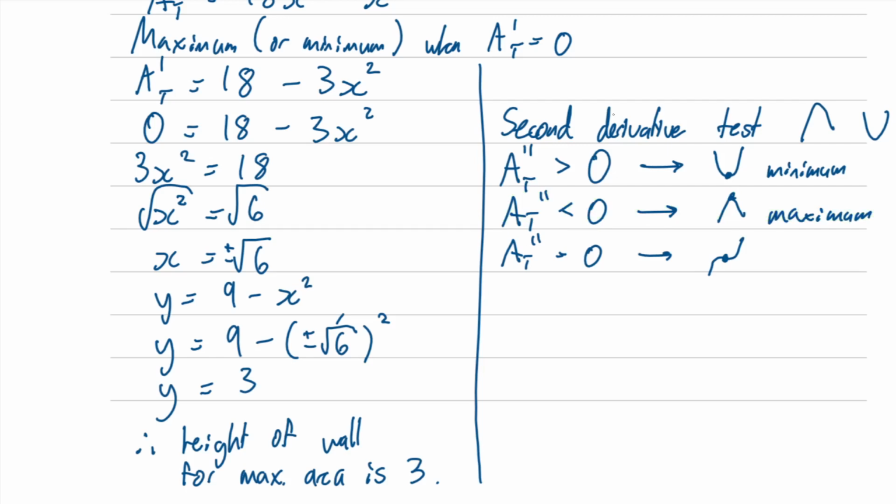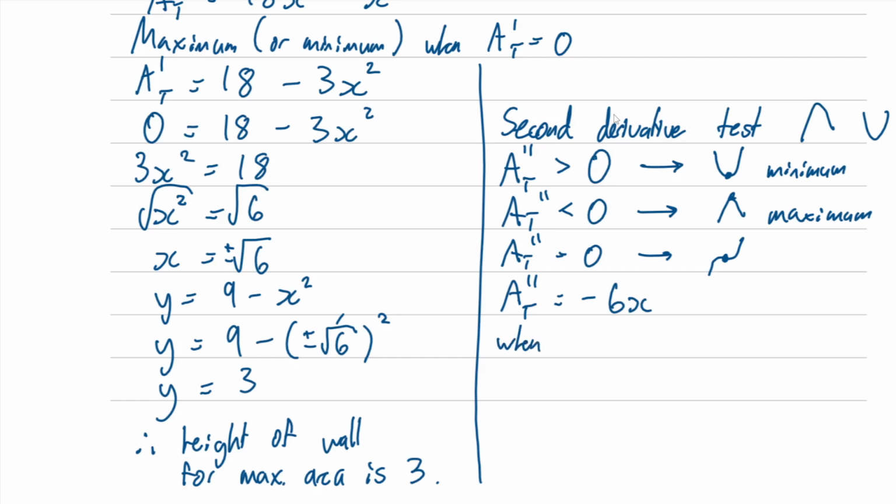To use this test, we need the second derivative. A reminder, we've worked out the first derivative. So the second derivative will be the derivative of 18, which is 0. The derivative of minus 3x squared is minus 6x.